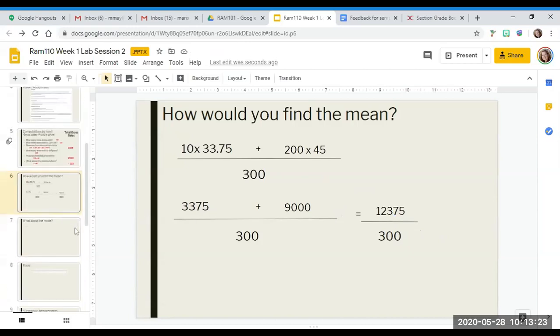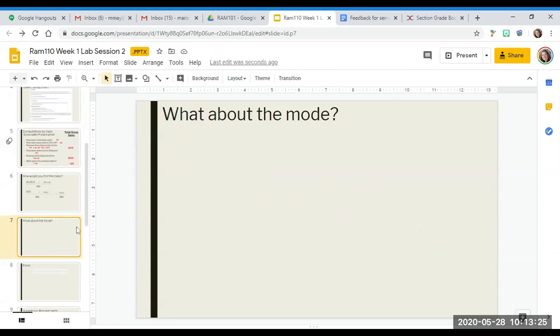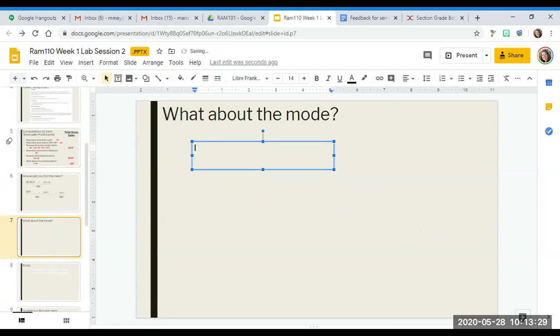Okay, next question then. What about the mode? Okay, so for this one, remember we had 10 shirts sold at $33.75 a piece. And we had, we didn't have 10 shirts, we had 100 shirts.